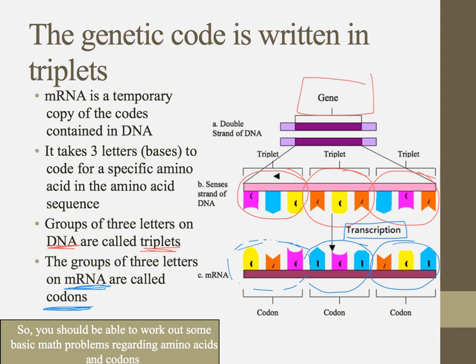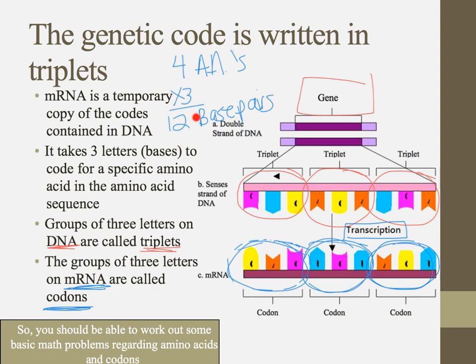Now, you should be able to work out some basic math knowing that, right? So let's say I have an amino acid chain or a polypeptide chain that has 4 amino acids. Since it took 1 codon to make each of those, and each codon has 3 base pairs, that must mean that it took 12 base pairs to make that. Each amino acid takes 3 base pairs.